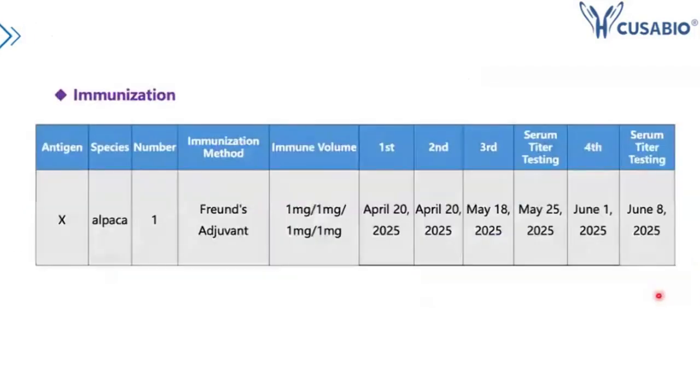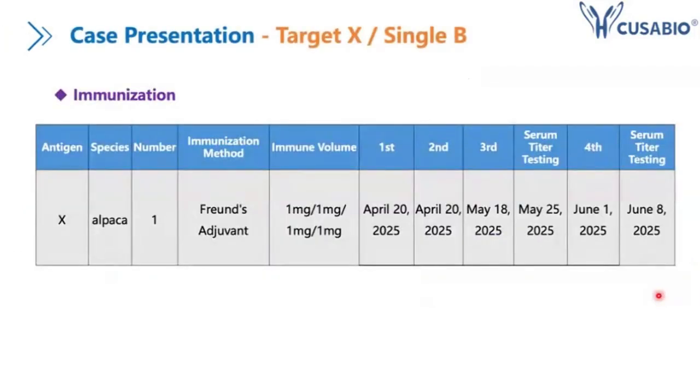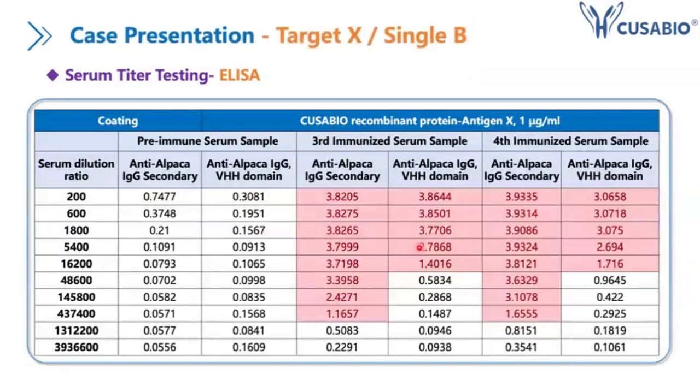For target X, we start with the immunization of the alpaca. We have one alpaca, and we did 4 different immunizations at different time points. Then we first need to confirm that the immunization is successful. So we did serum titer testing with ELISA and Phage.